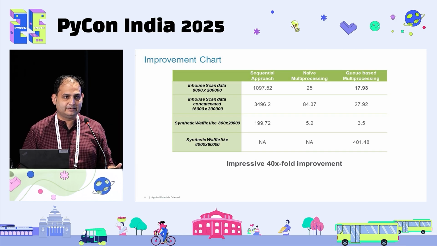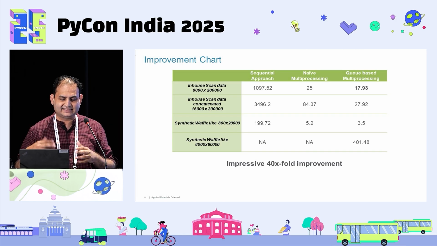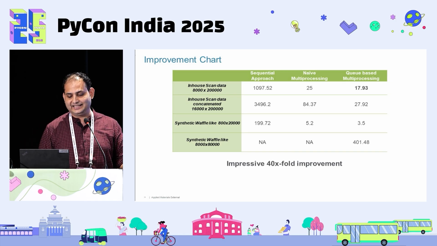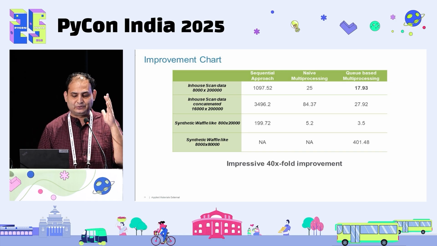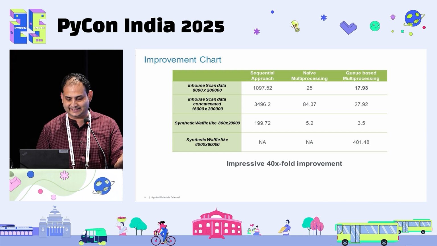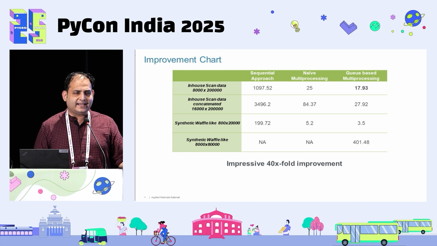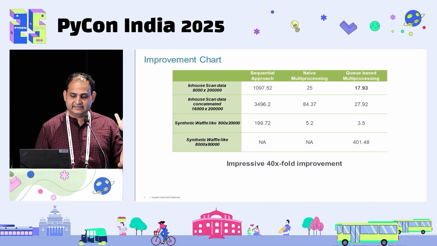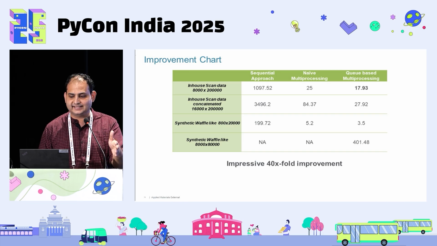I made the problem double, just did some manipulation with this in-house scan data set, and initially 3,500 seconds, that reduced to 28 seconds. For more rigorous testing, I made some synthetic data sets, the synthetic waffle-like data set which I showed you earlier. The sequential approach was taking 200 seconds.